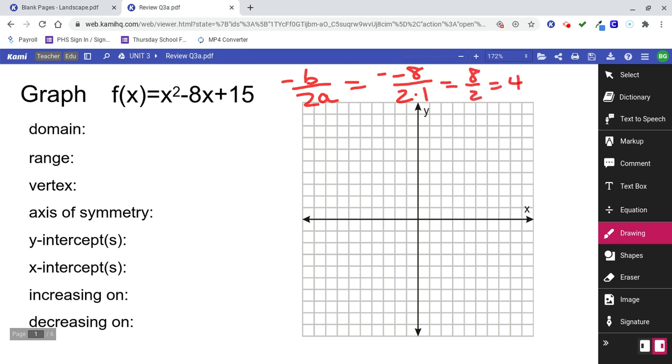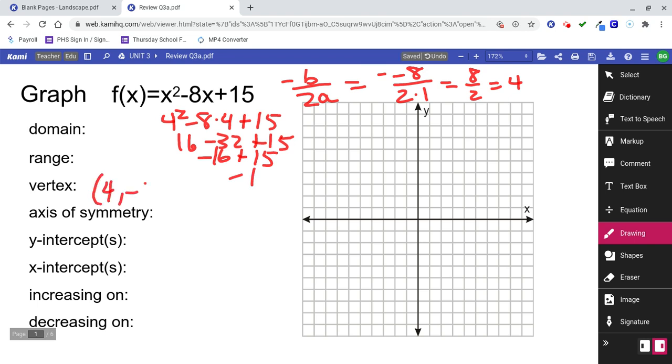And then you're going to plug that 4 in. So 4 squared minus 8 times 4 plus 15. That's 16 minus 32 plus 15. -16 plus 15 is -1. So my vertex is 4, -1.